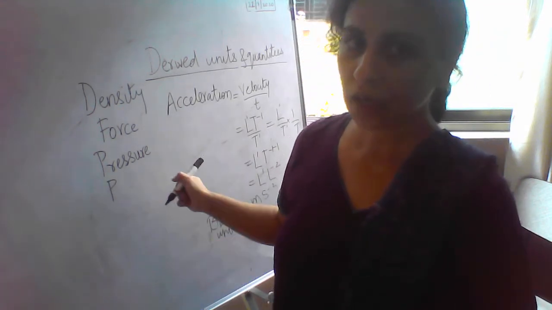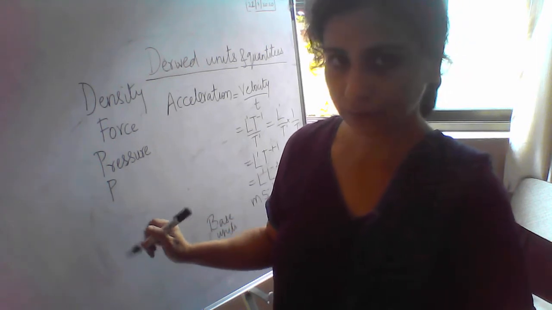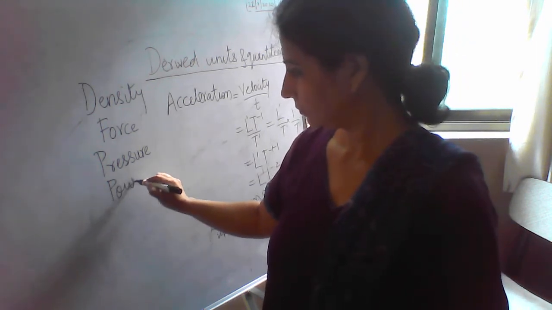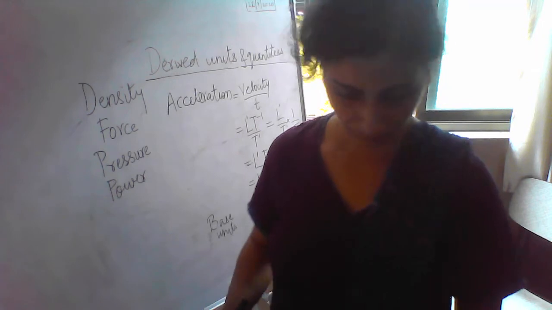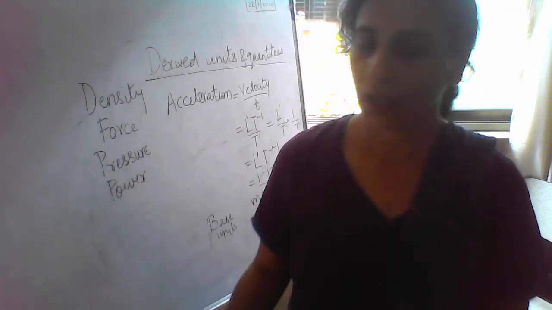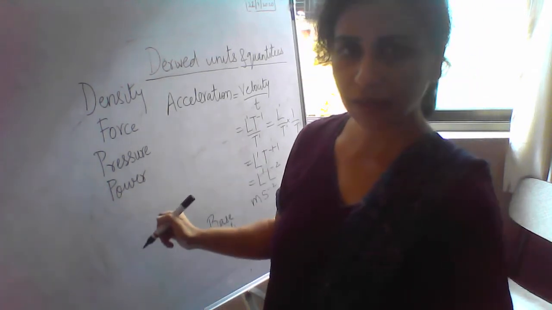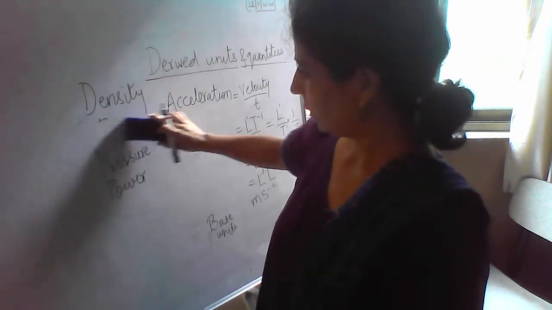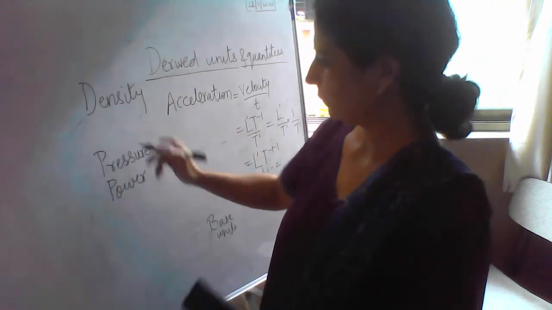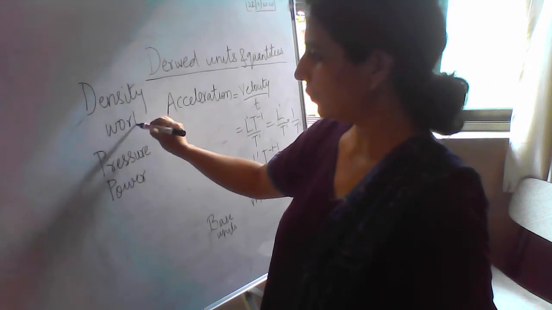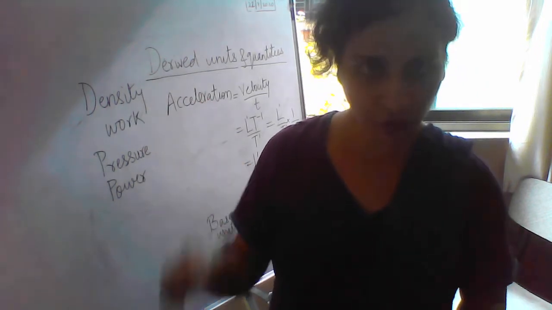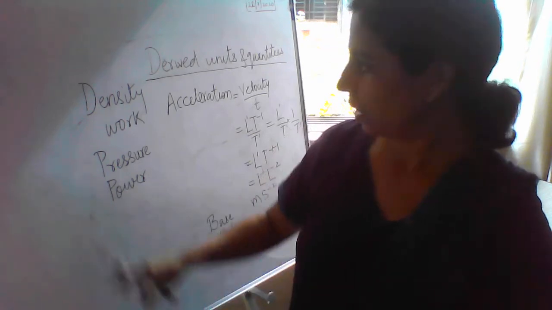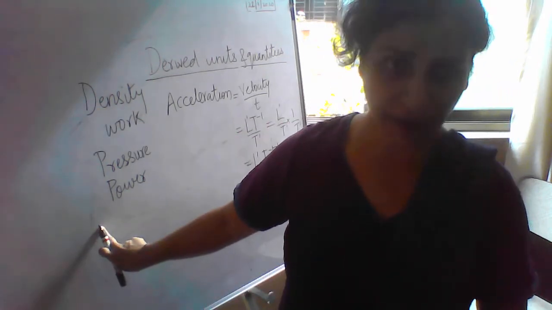I think so work I will do. You find out power. Or work is comparatively easier. I will work out with force. So work you can do. Let me work out with force so that you get a better idea. So these are the 4 things which I expect you to complete today.